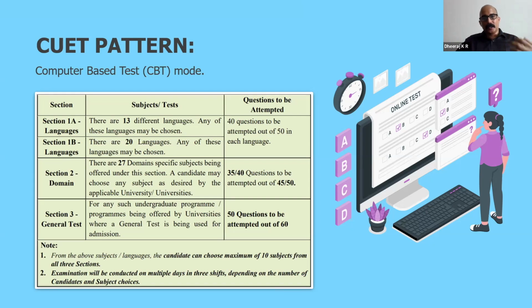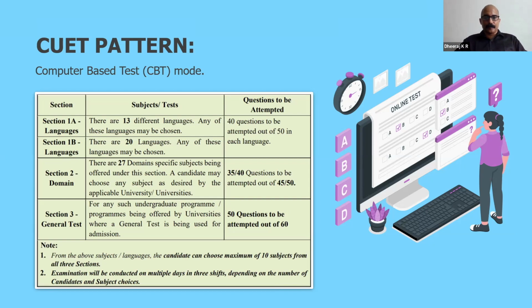Section 1B has 20 languages. In common, most of the students will take English as their preferred language, and 40 questions need to be attempted out of 50 questions in this section.